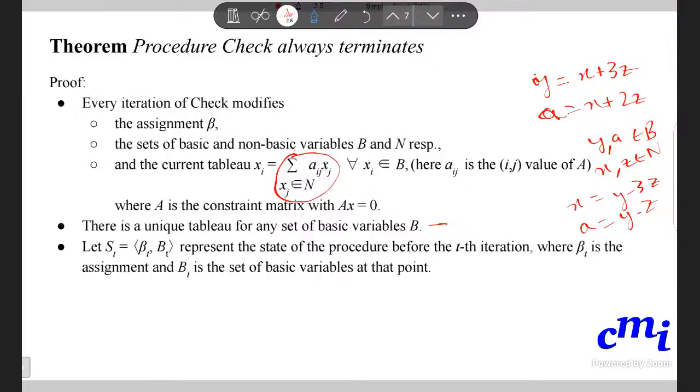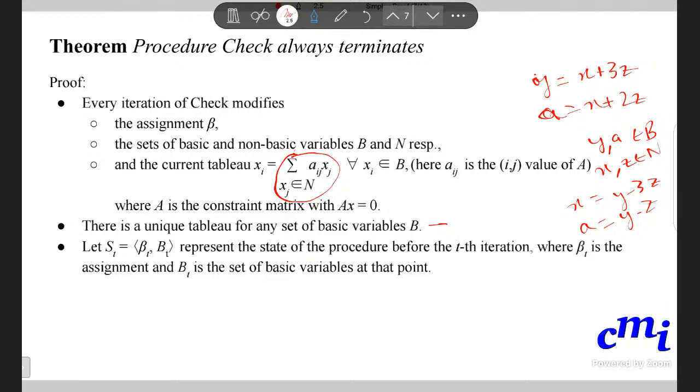You can interchange basic and non-basic variables, but for any given set of basic variables, the non-basic set is just the set of all variables minus the basic set.